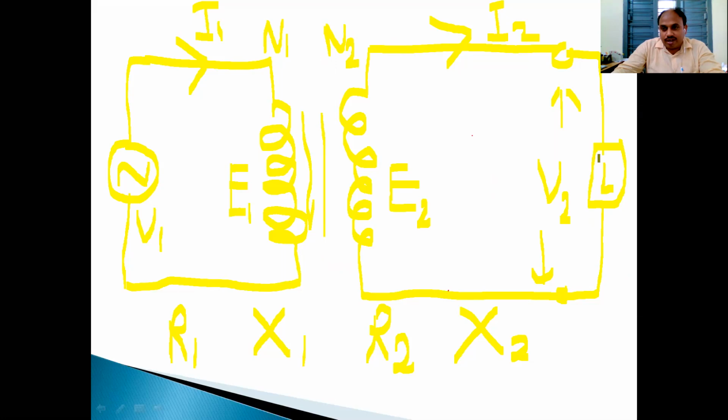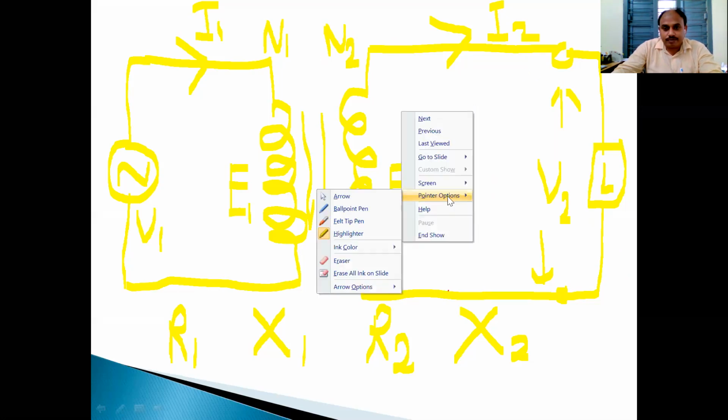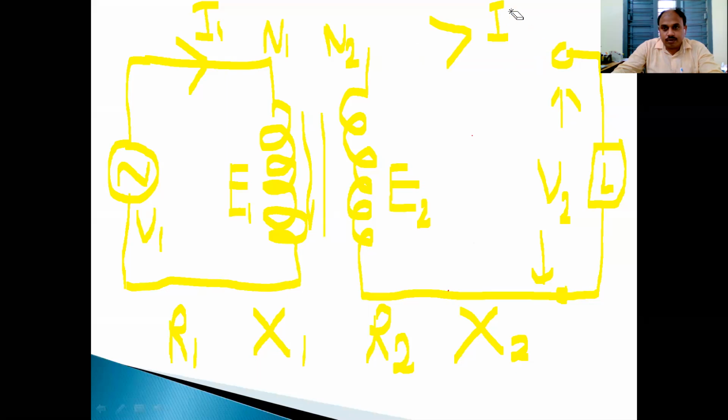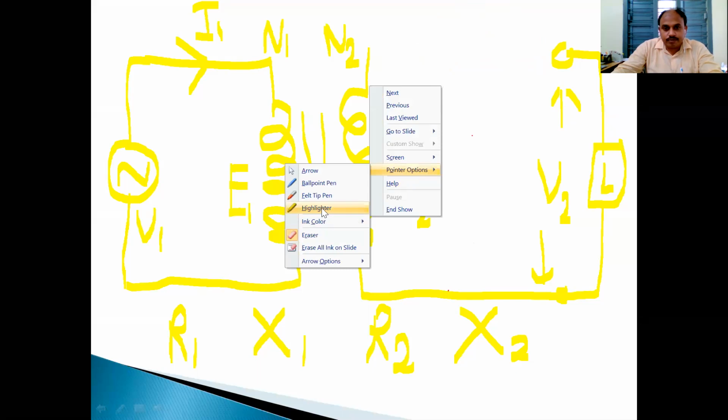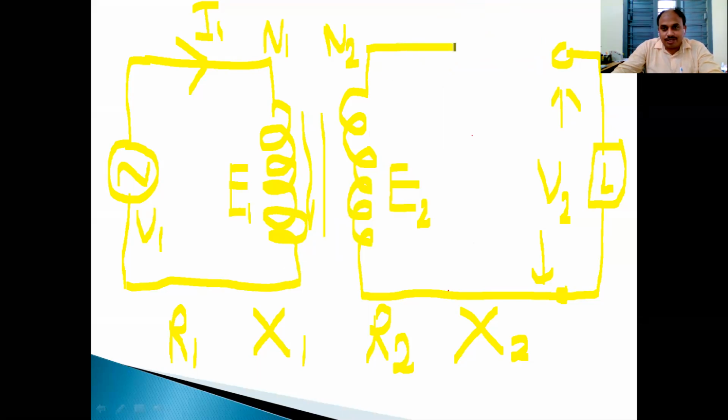Now I will explain this load: no load and on load. No load means no load is connected. Suppose you place a switch here. If the switch is under open condition, there is no load on the transformer.